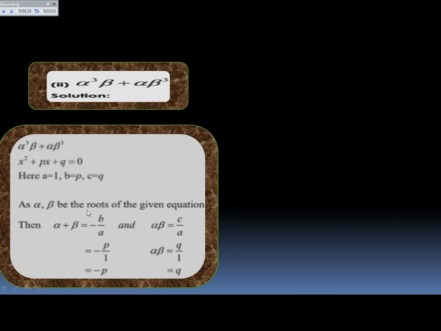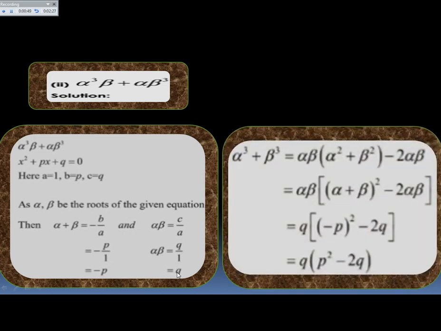As alpha, beta are the roots of the given equation, alpha plus beta is equal to minus b upon a, which is the formula for the sum of the roots, and alpha beta is equal to c upon a, which is the product of the roots formula. Putting the values of a, b and c, the sum of the roots is minus p and the product of the roots is q.